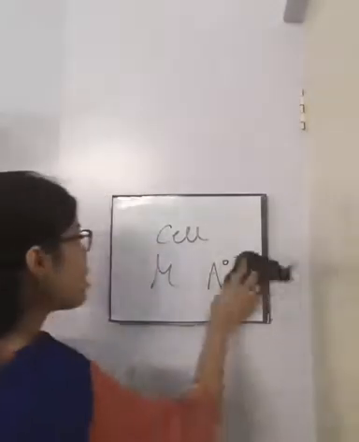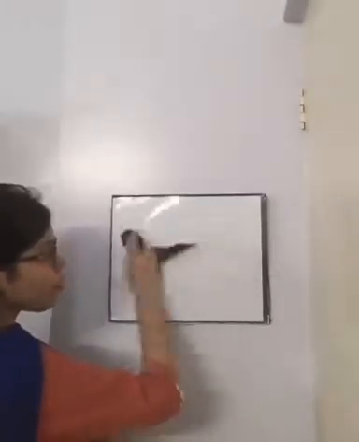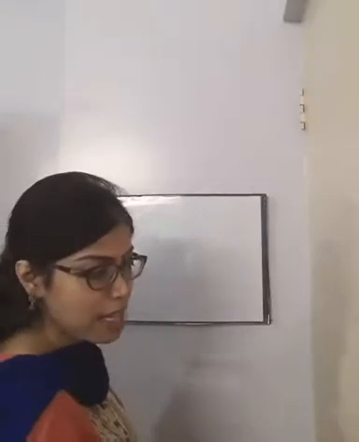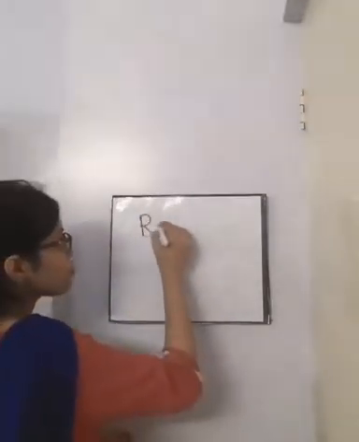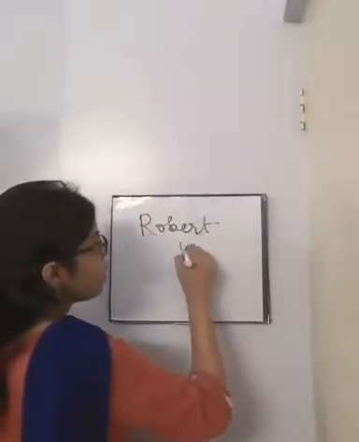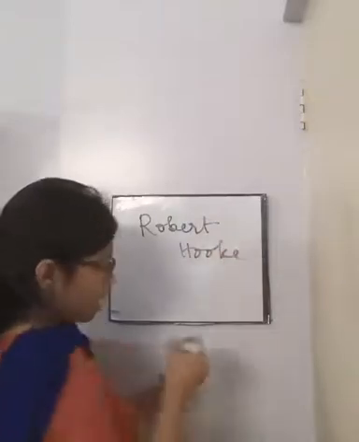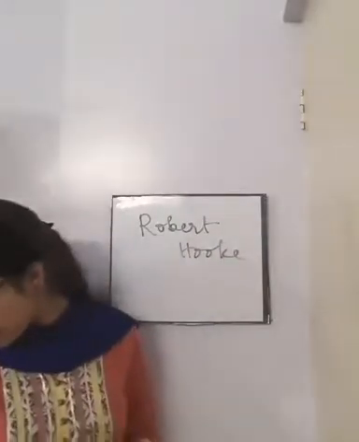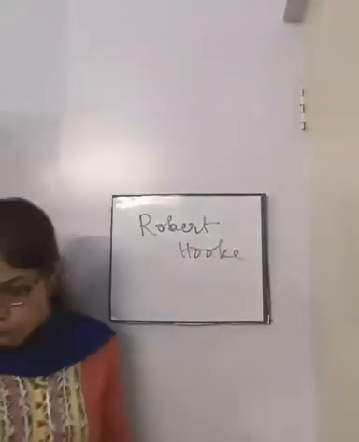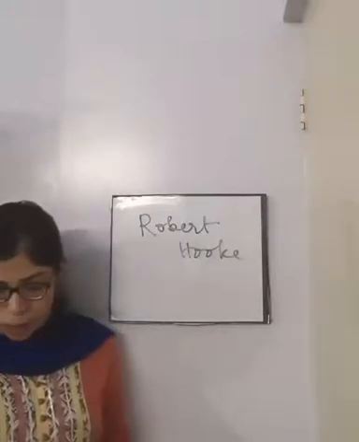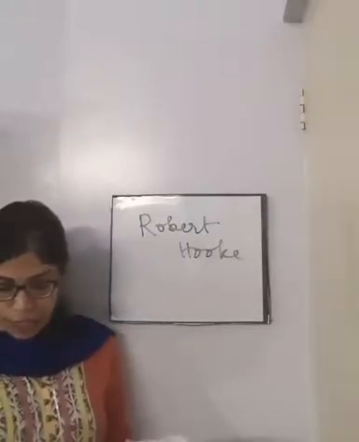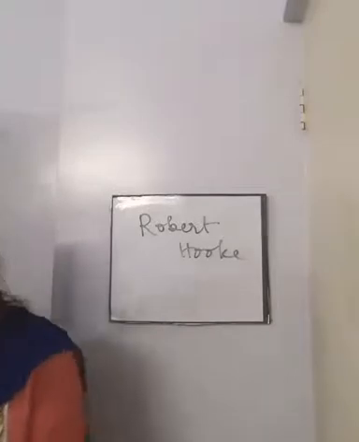The first one is by Robert Hooke. You have also heard the name of Robert Hooke previously in class 9. So what did Robert Hooke do? Robert Hooke constructed a well-developed compound microscope and observed a section of cork under that microscope.